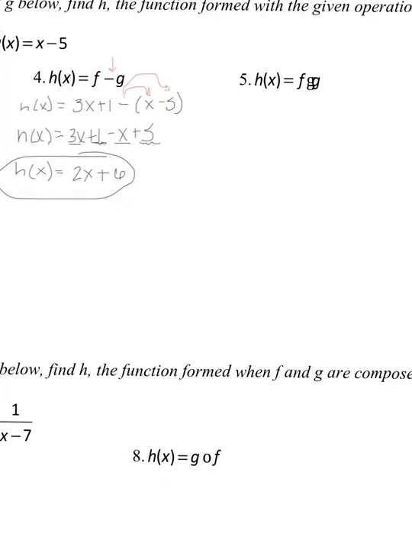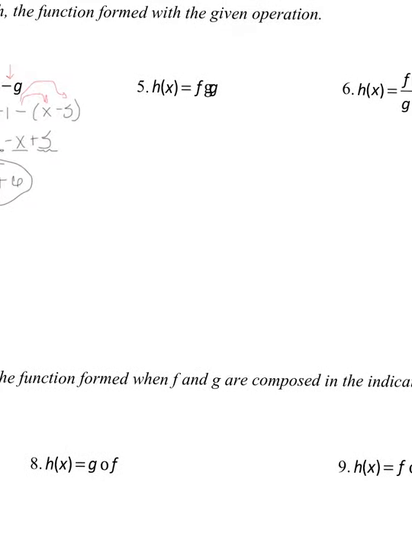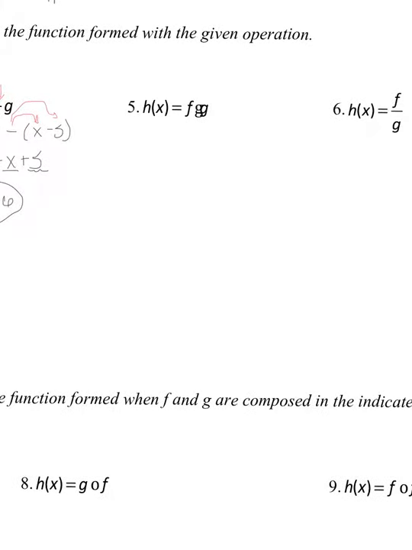The next one's a little more fun. We are multiplying, and I know that it looks like there are 2 g's right there. That's an eccentricity of this program, I think. It is just f times g. So we're going to multiply them. So h of x, and again, I'm using the 3x plus 1 and the x minus 5, and those are on your paper. You just can't see them right here on mine. But I multiply them. So 3x plus 1 and x minus 5. And you guys know I like to distribute.